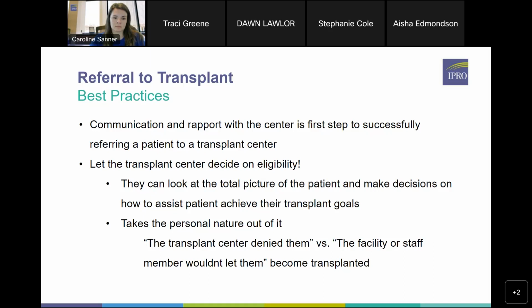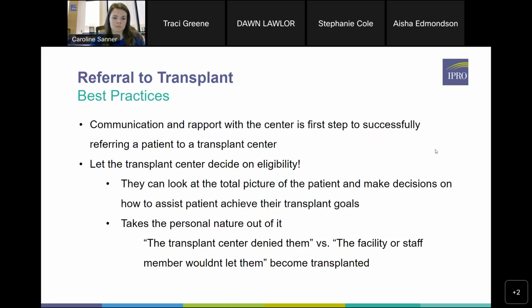And that's why we have found that one of our best practices is letting the transplant center communicate any reasons for ineligibility to our patients. And then we can have a conversation when they come back and we need to talk about that. So it's just been working out much better, with the patient knowing that the decision was made by the transplant center, not the dialysis center.